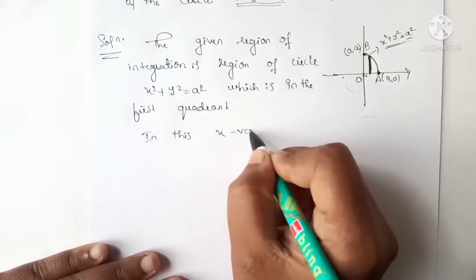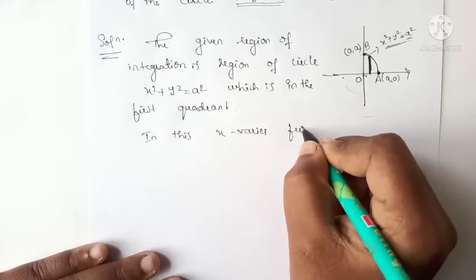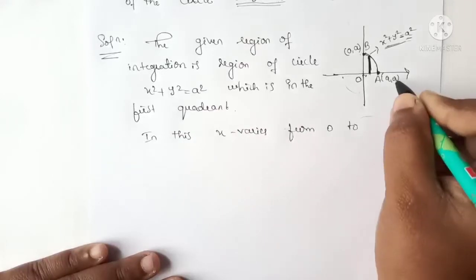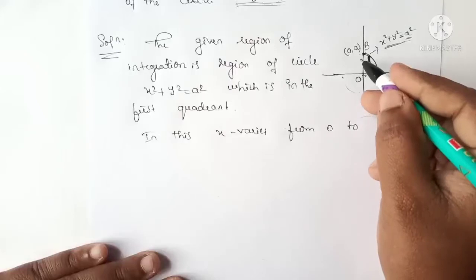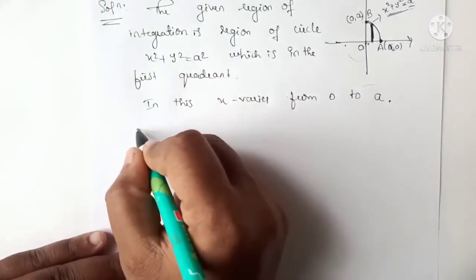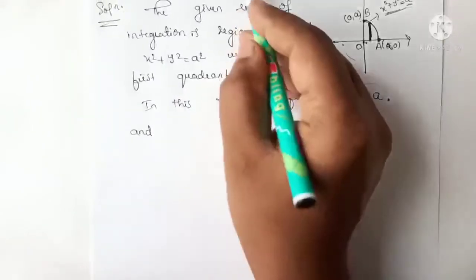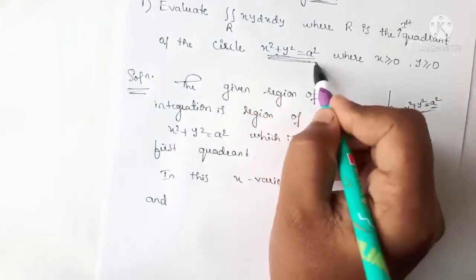So x varies from 0 to a, and y also varies from 0 to a only. Now we have to take y in terms of the function, that is through this given curve.